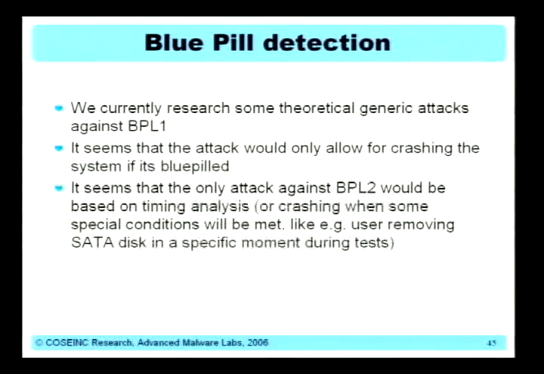But still, we think that it might be possible to come up with another brute force attack which would make it possible to crash a system with Blue Pill level 2, when some very special conditions are met, like a user removing a SATA disk driver at some specific moment during some specific test.